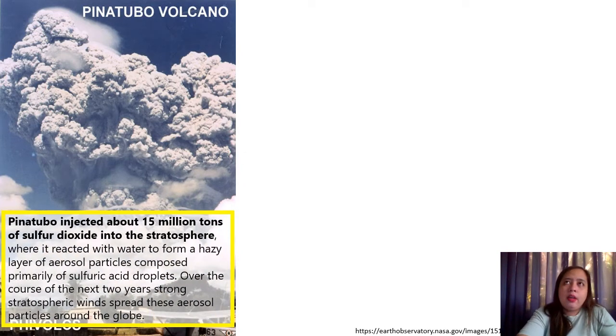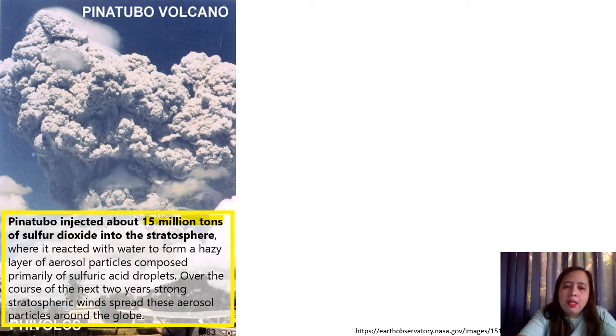The eruption of Mount Pinatubo injected about 15 million tons. Again, i-highlight ko, it injected, nag-release siya ng 15 million tons, milyong tonelada, sobrang dami ng sulfur dioxide into the atmosphere. Not only that, it also gave off a lot of other outgases. Hindi lang naman sulfur dioxide ang nire-release kapag nagkakaroon tayo ng eruption.